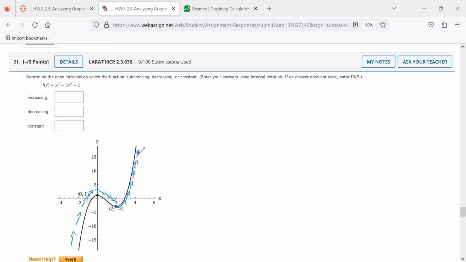Decreasing. It's from 0 to 2, right? Only one spot, correct? Yes. Increasing, we have 2 spots. So where are we increasing?